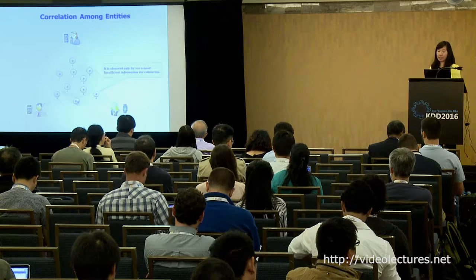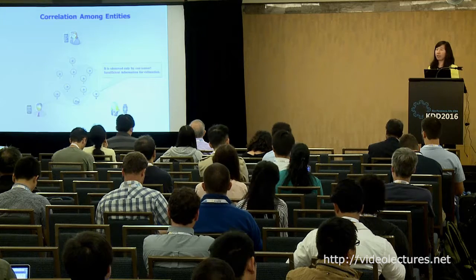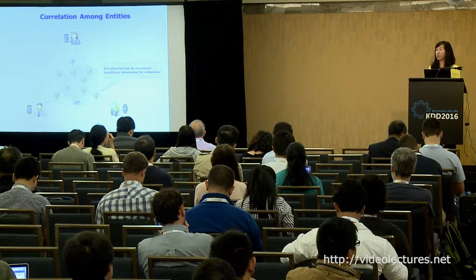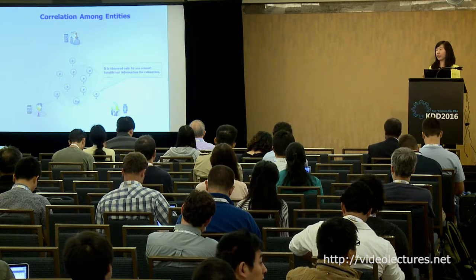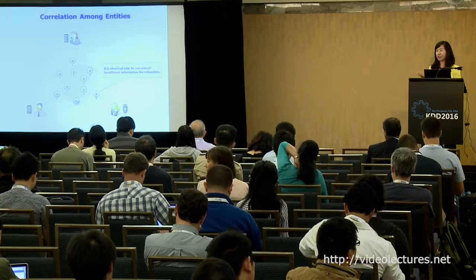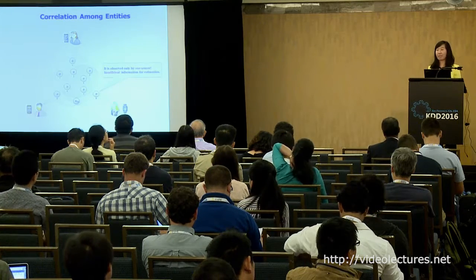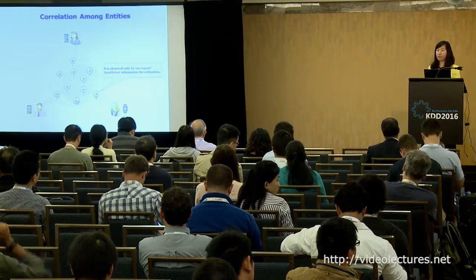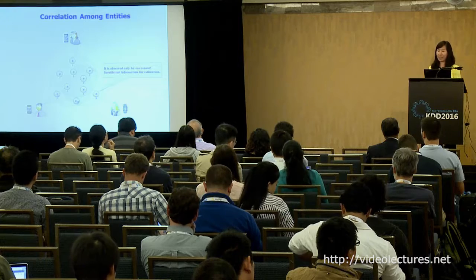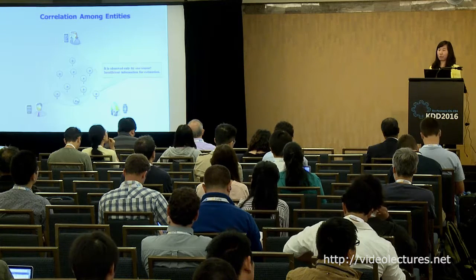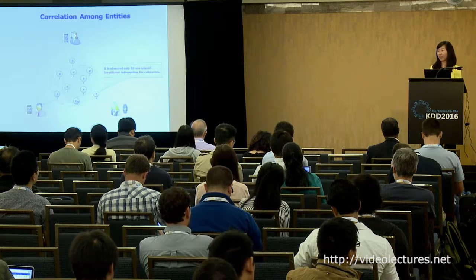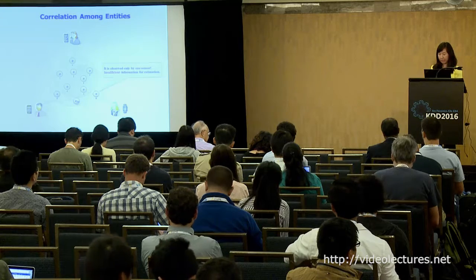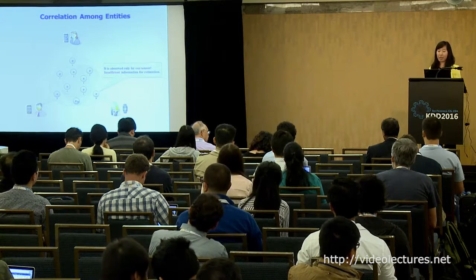But the challenge here is that the coverage rate of each user may be low. That means it's impossible for a user to cover all the regions in a certain city, right? For example, in San Francisco, you cannot expect one person traveling all the areas. And for some unpopular area, it's very likely that there are only very few people who have sensor values for that area. So in this toy example, suppose this E8 is only observed by one user.